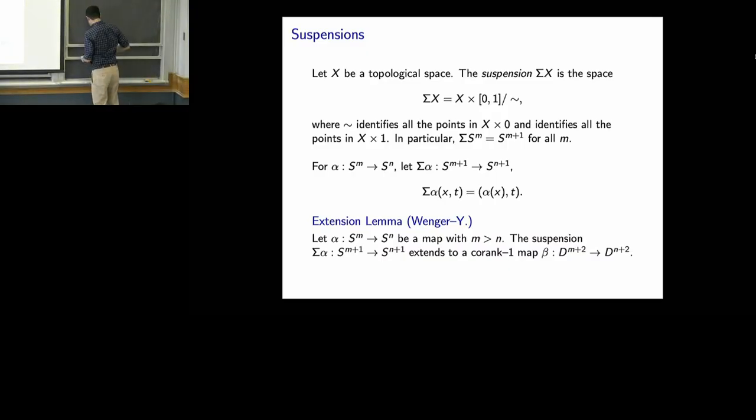The basic idea is going to be very similar. I want to construct a map from a disk, let's call it D^(m+2), to a disk D^(n+2). Actually, to make this match the previous construction, let me draw this like the previous construction too.